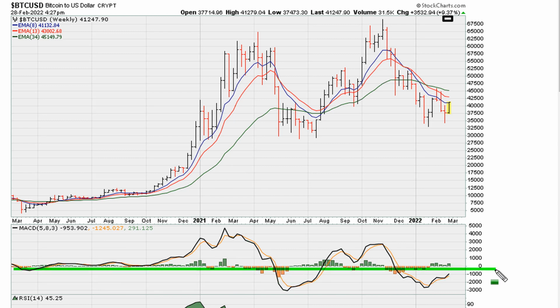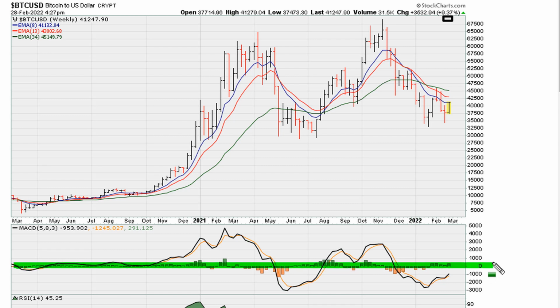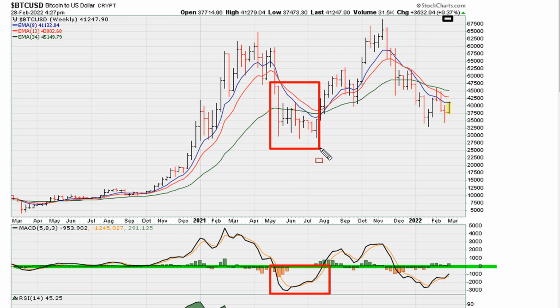Now, if you've been using the MACD, you should know that the zero line tends to determine whether generally a stock is on a down or a crypto, in this case, below zero. Above zero, generally speaking, that's the behavior.